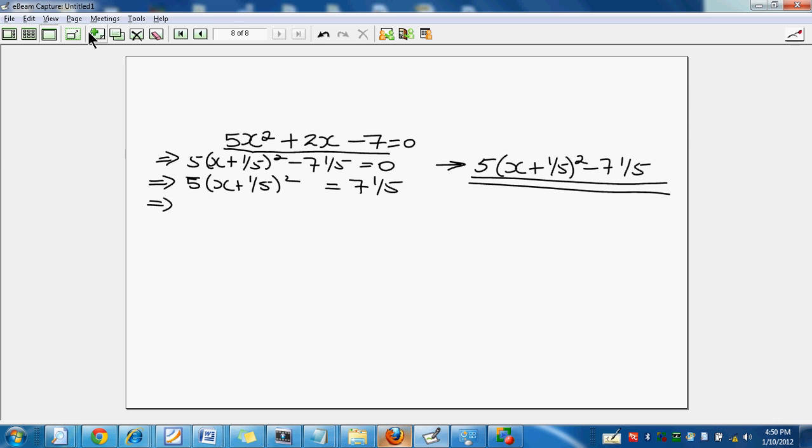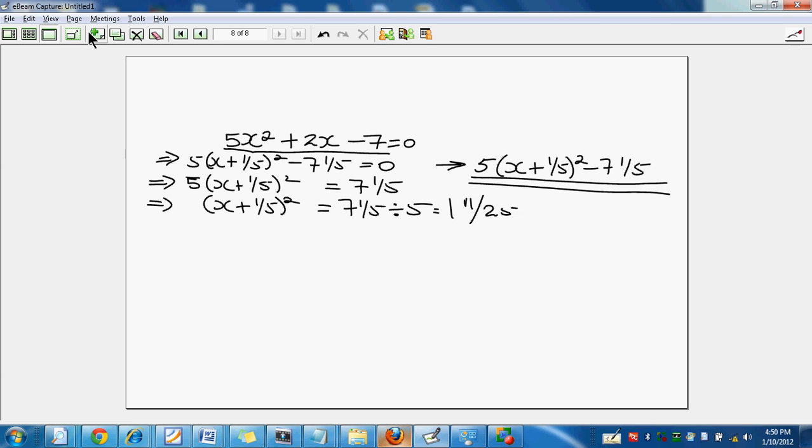So if I divide on the left hand side by 5, I'll have x plus a fifth all squared remaining, and therefore I'll have to divide on the right hand side by 5 as well, which is this. And if I do that on my calculator, I'll get this figure, 111 over 25, right? So you guys could go home and check that.